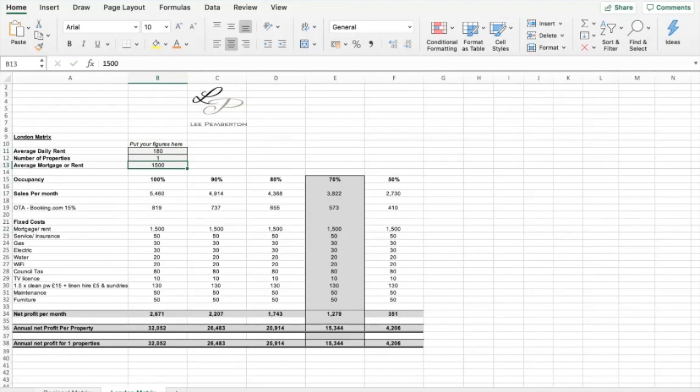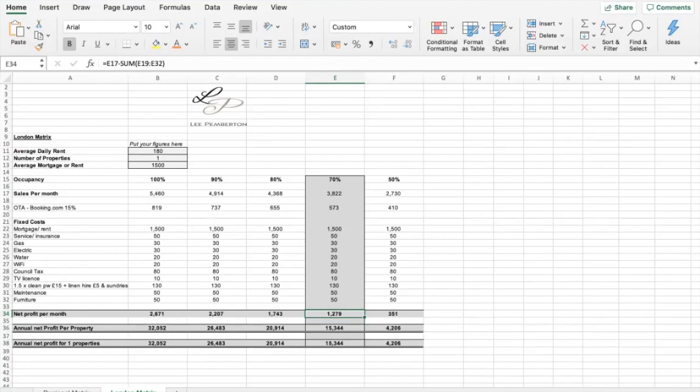You've got your rental going out of £1,500 a month at 70% occupancy, less all your costs coming out, which is going to give you a healthier profit per month. Now, these costs may be slightly higher because we're in London, but let's just assume that they're around that sort of figure. And let's say that you're going to be making about £1,000 a month net profit. I would be expecting to make that if I've got a liability of £1,500 per month.